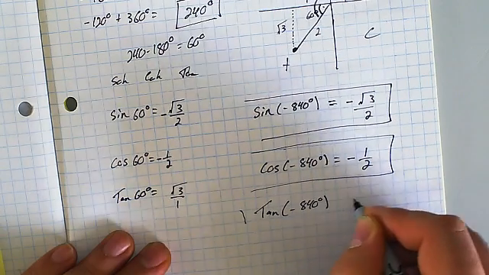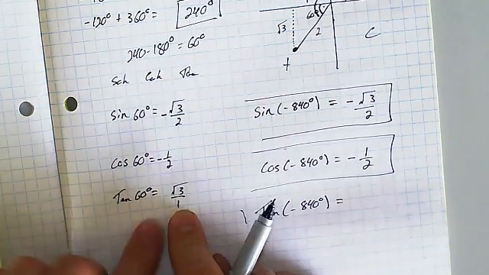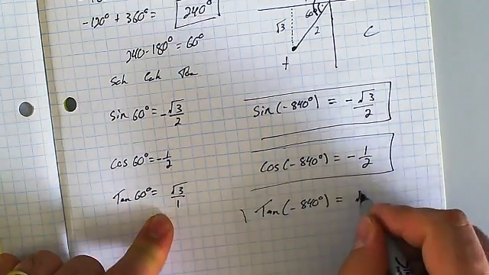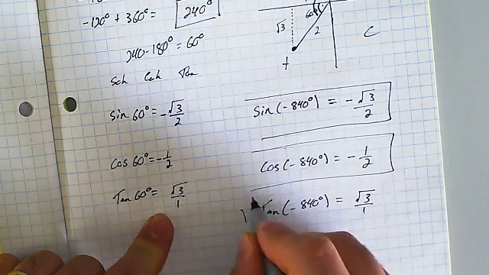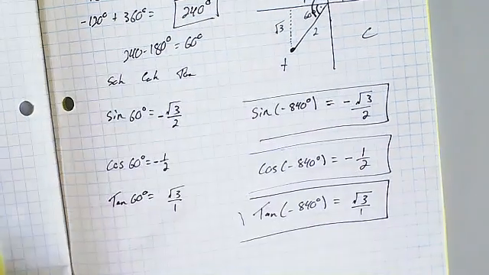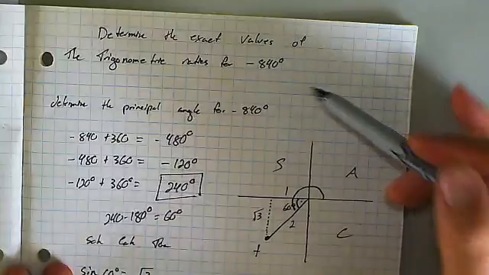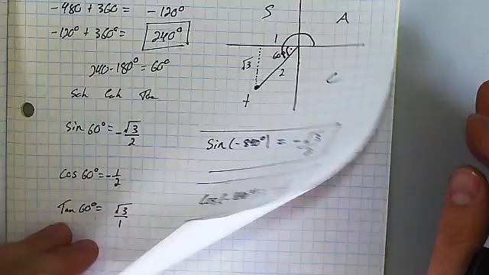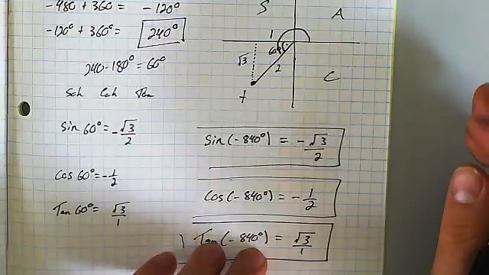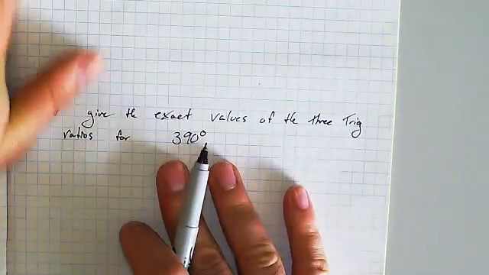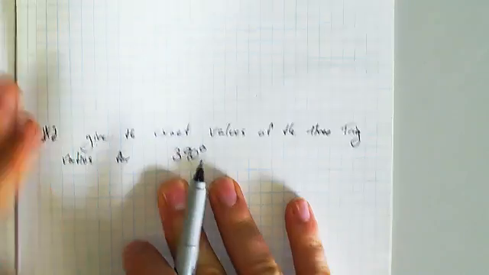That's our second trig ratio. And our third trig ratio, tan of negative 840 degrees, has an exact value that's technically just root 3, but it's not a bad idea to include over 1. And that is how you find exact values when we have an angle that's bigger than 360 degrees.